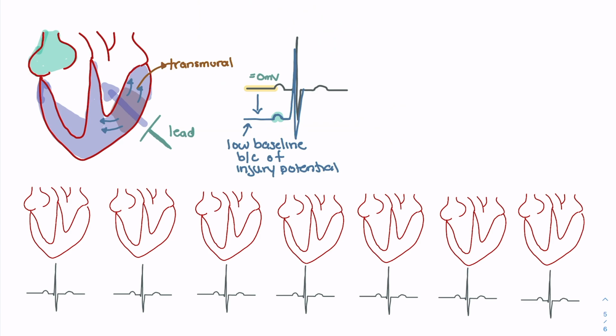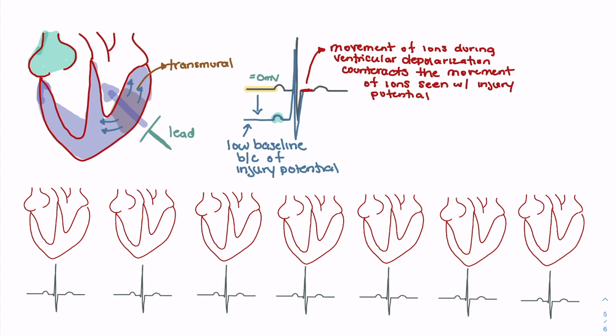So the ST segment goes way up here, because the movement of ions during ventricular depolarization is going to counteract the movement of ions that we're seeing with that injury potential. Essentially, our ventricular depolarization opposes our injury potential.